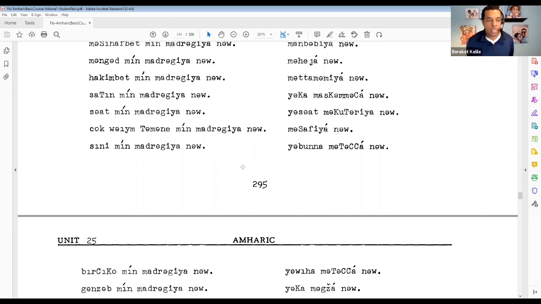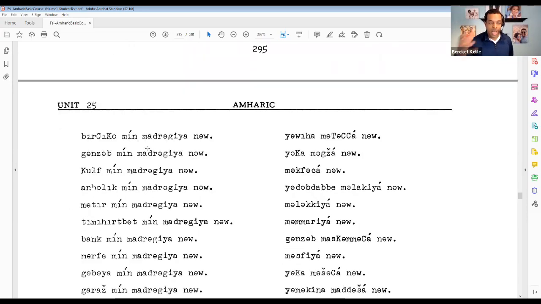Saat min madrigano, what is the clock or a watch used for? Saat makuteria, no, to count the time. Choke, wim tamina min madrigiano, those are two words for chalk, remember, from the useful word section, choke or tamina. And misafiano. Sini min madrigiano, and sini is a small coffee cup. And yibunamatachano.